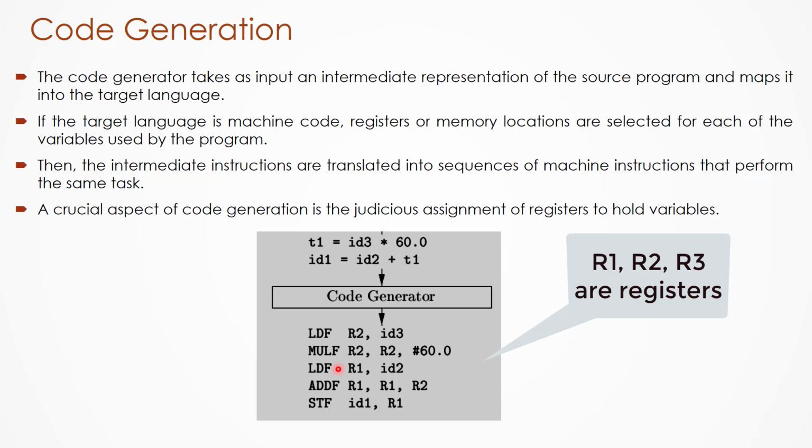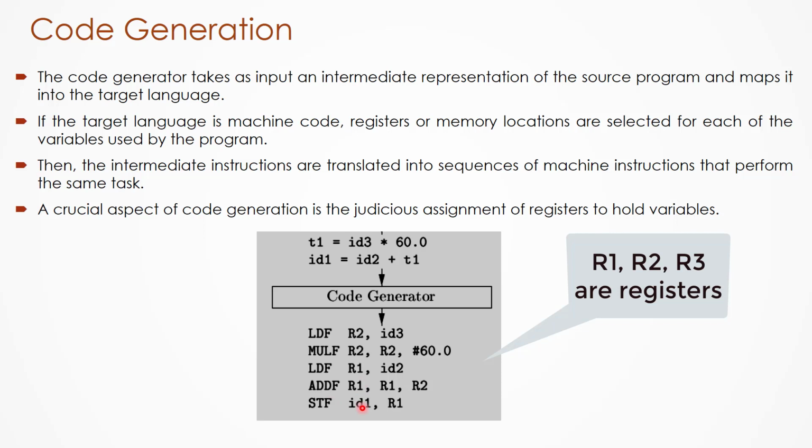Then LDF R1 comma ID2. Value in the ID2, that means from the symbol table it will be taken and it will be stored in R1. Then ADDF, floating point addition, R1 comma R2. R1 and R2 will be added and it will be stored in R1.